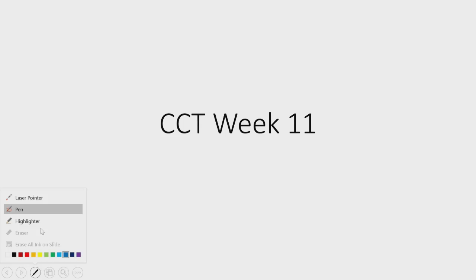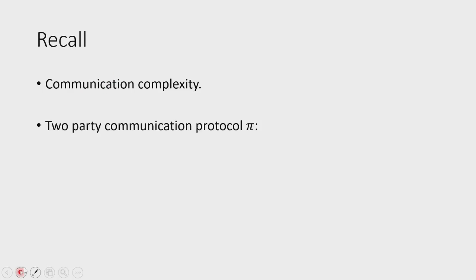So yeah, as usual, we'll first recall what we saw this week and what we'll need for this session. This week we saw communication complexity, and in particular the two-party communication model. For this model, we defined a protocol pi as follows.